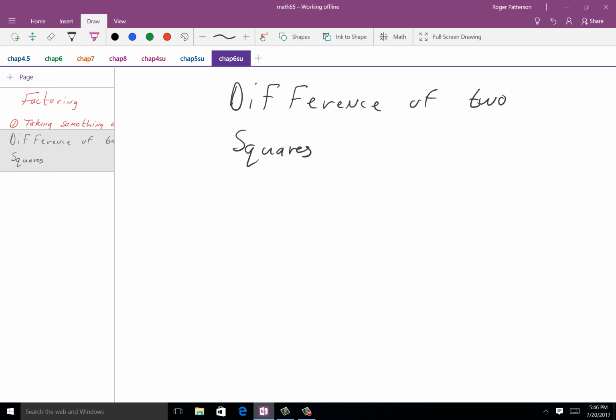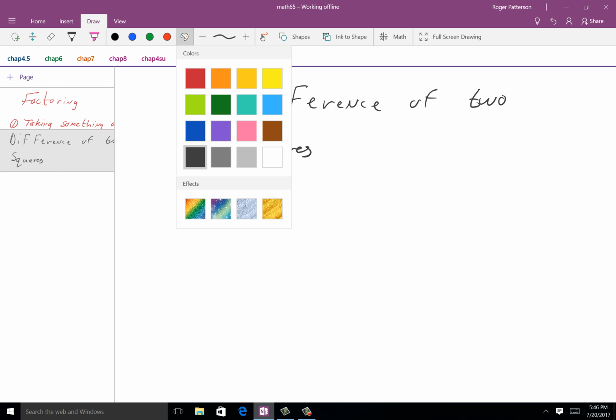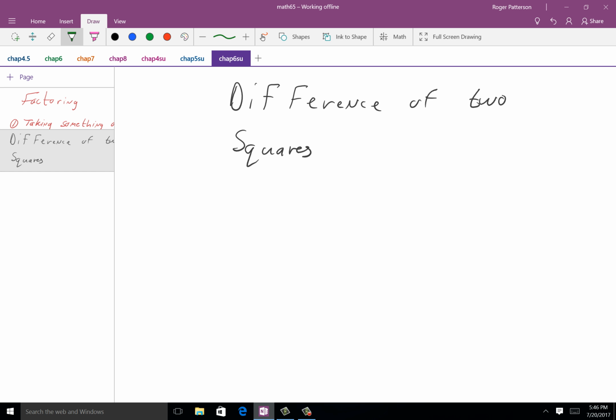Okay, so kind of like what I did before, I'm going to develop a little bit here. All right. So if we take something like this, say x plus 3, and we square it, what we want to do is write it twice, okay, and then FOIL that.